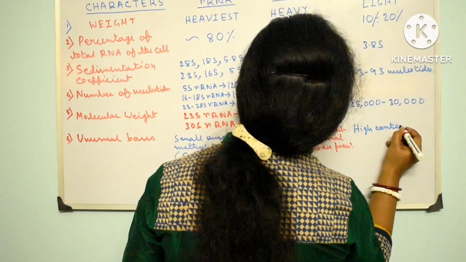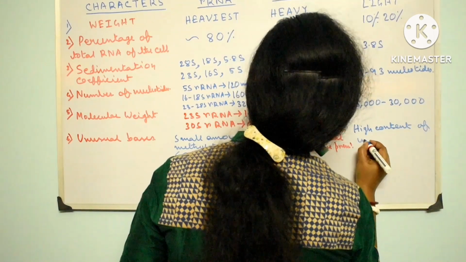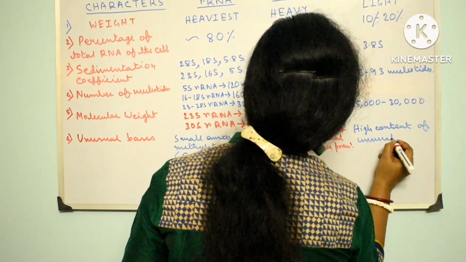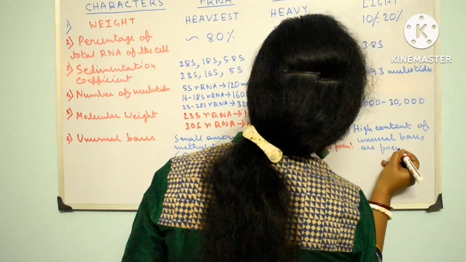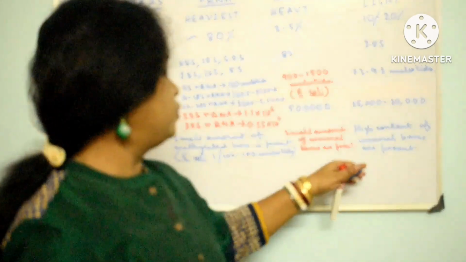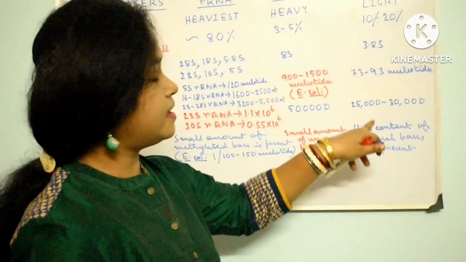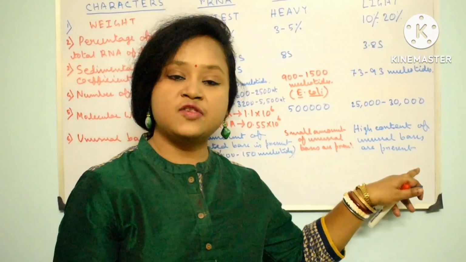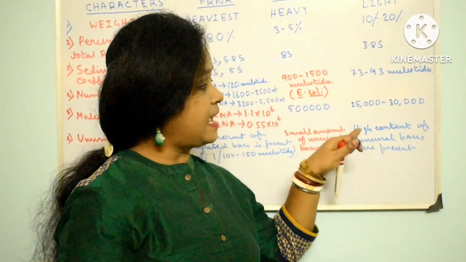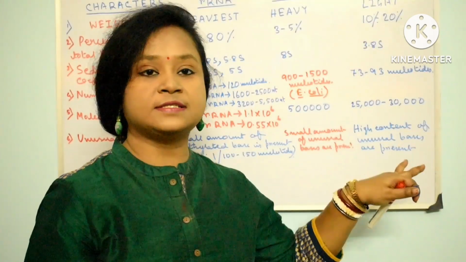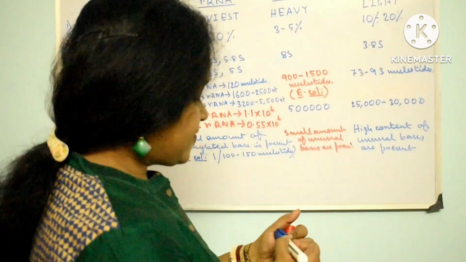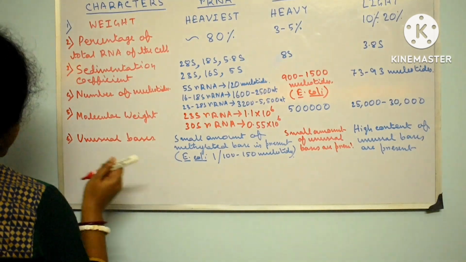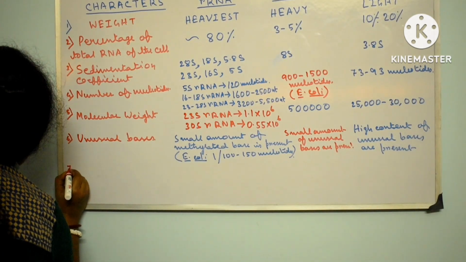If you want to know the details about the unusual bases present in high content in tRNA, please go through my lecture about tRNA, where these unusual bases and the whole structure of tRNA were discussed in detail.